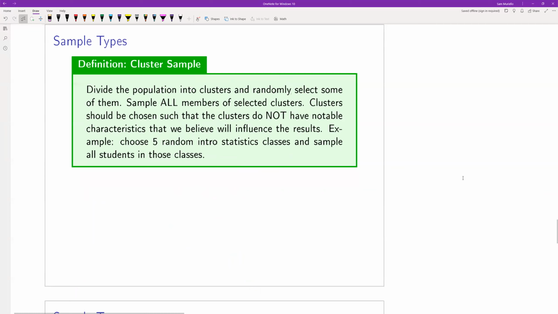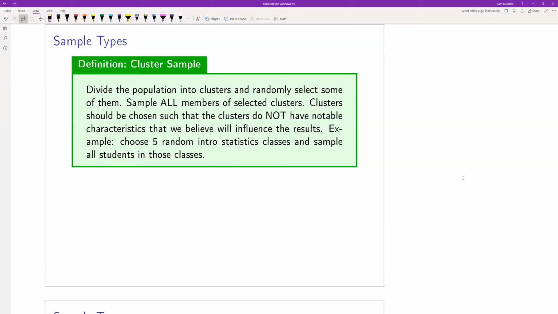The next type that we're going to talk about is a cluster sample. This is a way to sample, rather than trying to make the data more authentic, but to make the gathering process easier. What we're going to do is divide the whole population into clusters. We're going to randomly select some of those clusters and sample every member from that cluster.